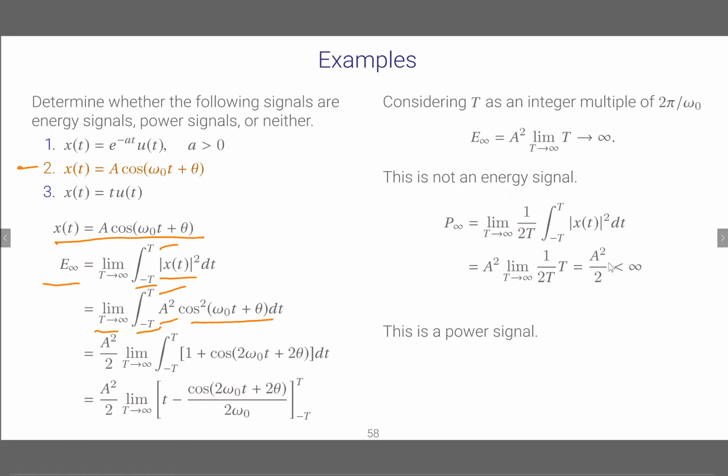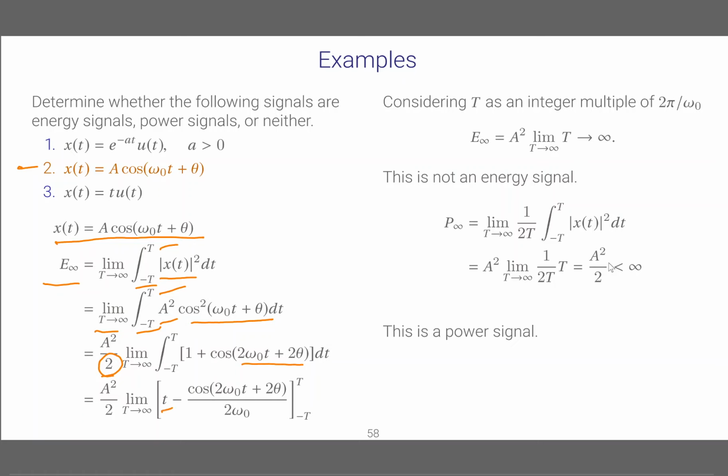We have to apply the cos squared formula using cos 2 theta. A squared divided by 2, because of the trigonometric identity that we apply, times the integral from minus T to T of 1 plus cos(2 omega naught t plus 2 theta) dt. So we have to integrate this quantity.